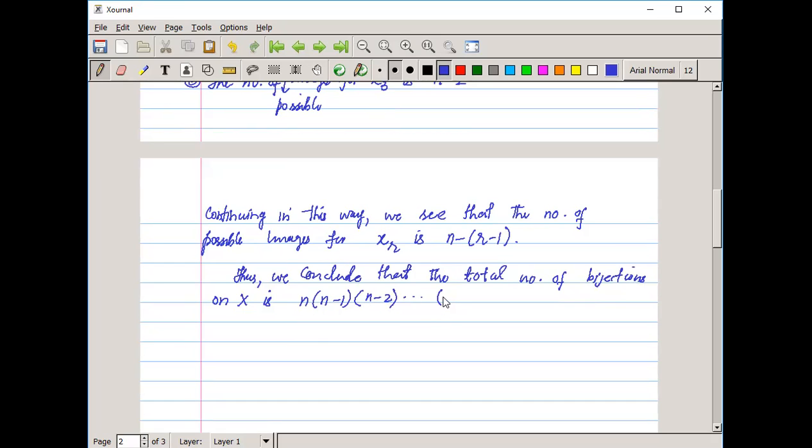Similarly, the number of possible images for x_{n-1} is 2, and the number of possible images for the last element xn is 1, and this number is actually n factorial. So therefore, the number of bijections that can be defined on a set X with n elements is n factorial.